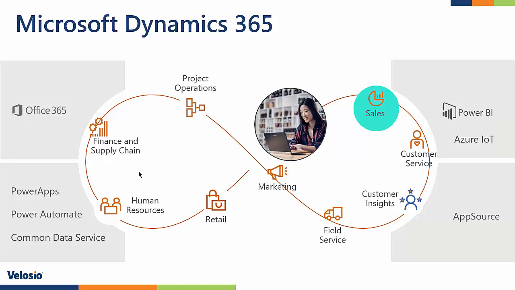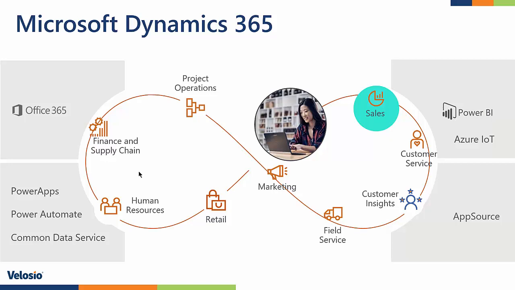That's all part of the marketing piece. And then you can see project operations, finance and supply chain. So all the different ERP type of functions where, again, integrated into the system, they can pass information back and forth to really enable both your sales as well as your accounting side of things.